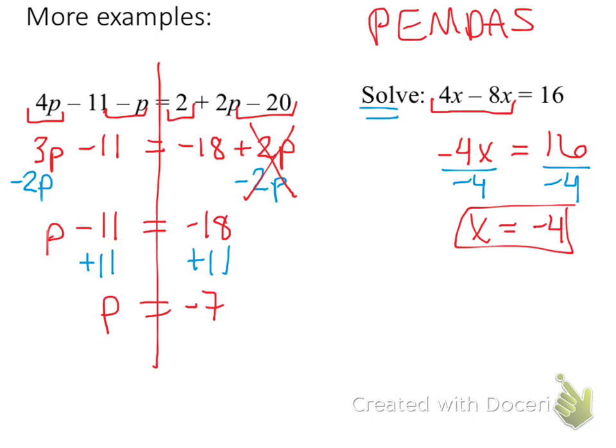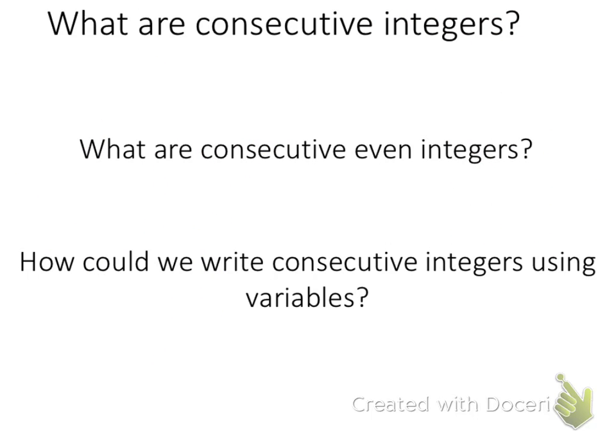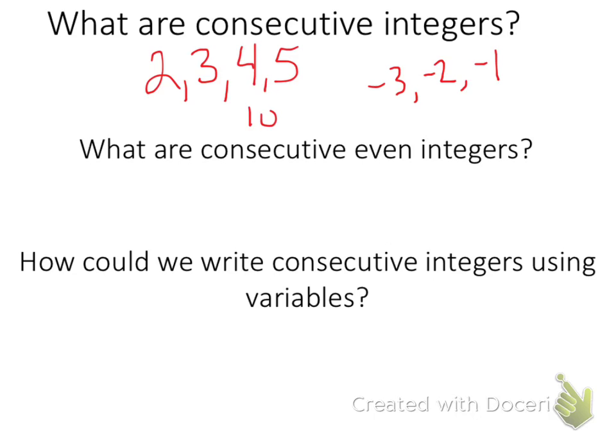Alright, you're doing really well. The last thing I want to talk to you about is this concept of consecutive integers. A consecutive integer is a number right in a row. So 2, 3, 4, 5, they're consecutive integers. Negative 3, negative 2, negative 1, those are consecutive integers. 101, 102, 103, those are consecutive integers.